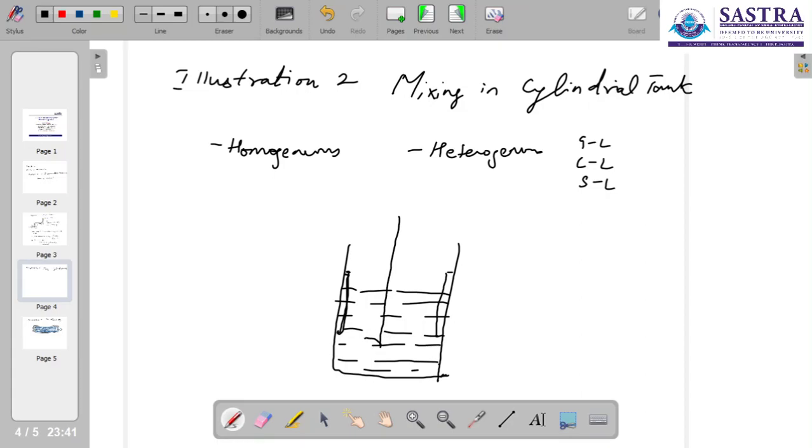You can have an impeller with a single shaft or multiple shafts. Let me just draw it slightly thicker so that it's visible. So this is the impeller blade that I'm trying to draw, and this impeller is driven by a motor over here.